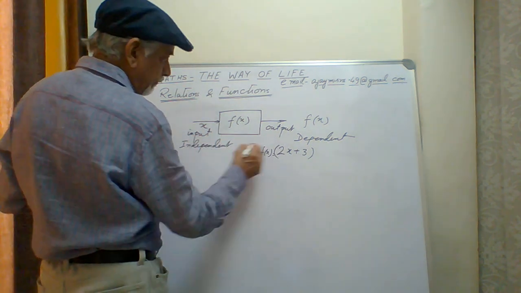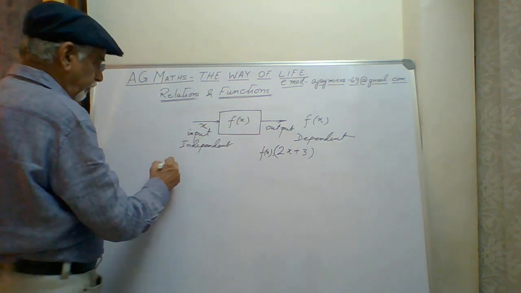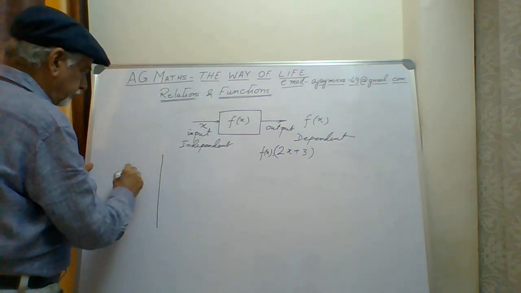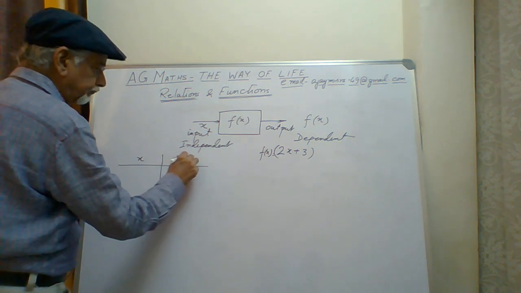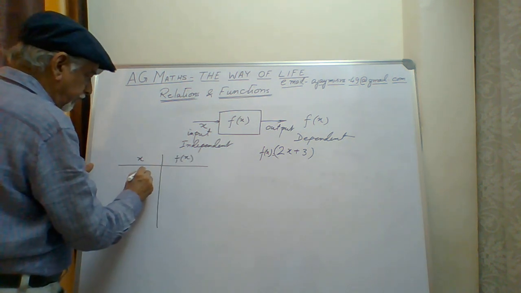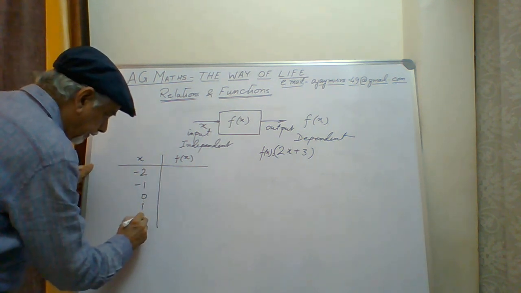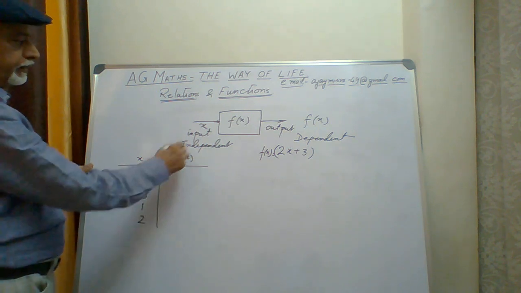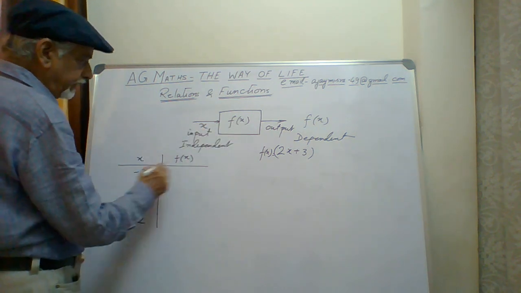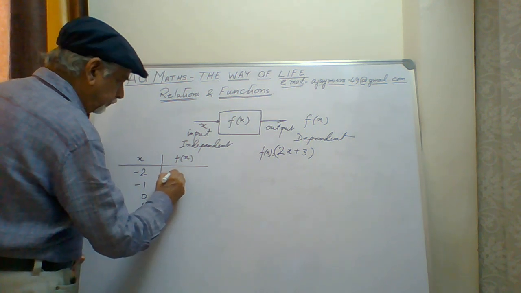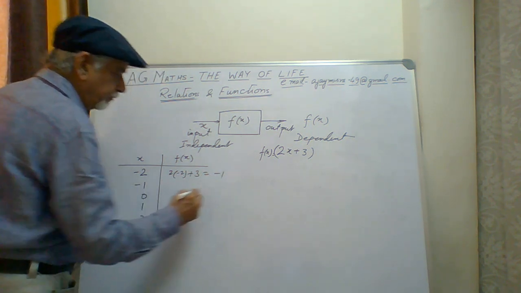Now, for every x value, we will have a different y value. So I make a chart here for x and f(x). If I put x equal to minus 2, minus 1, 0, 1 and 2, I'll get different values for f(x), which we know how to do. Minus 2, if I put here, it will be 2 into minus 2 plus 3, which gives me minus 1.